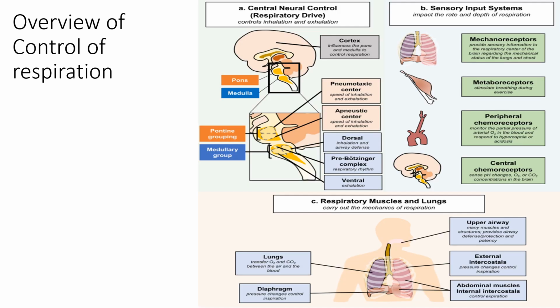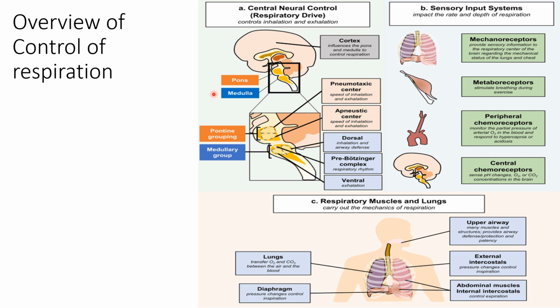Before we start the main discussion, we are going to look at an overview of control of respiration. We are going to learn new terms. From this diagram, we can see there are two things: one is the central neural control, and another is the sensory inputs, where they are coming from and who is giving them. First, the central neural control.